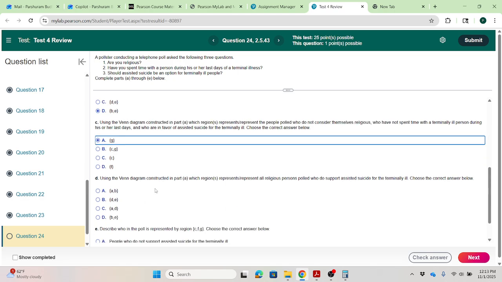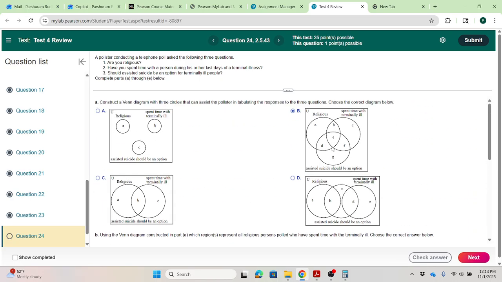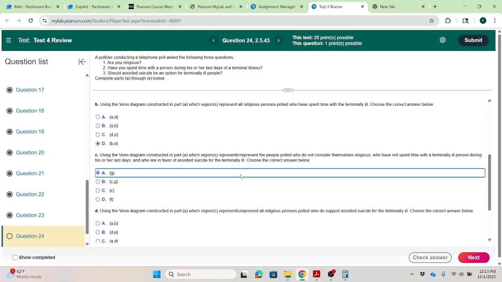Finally, using the Venn diagram, two more questions. Using the Venn diagram constructed in part A, which region represents all religious persons polled who do not support assisted suicide for the terminally ill? So religious, do not support assisted suicide. That means A and B, right?